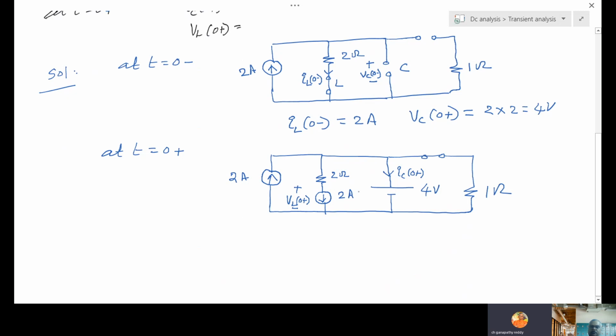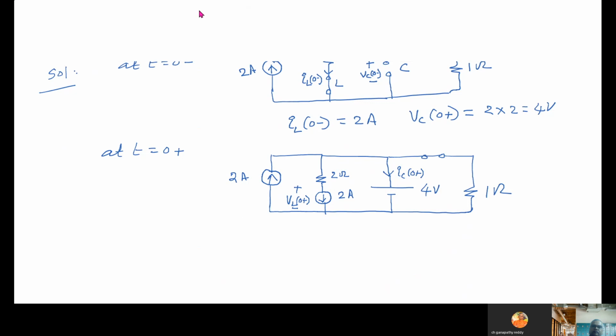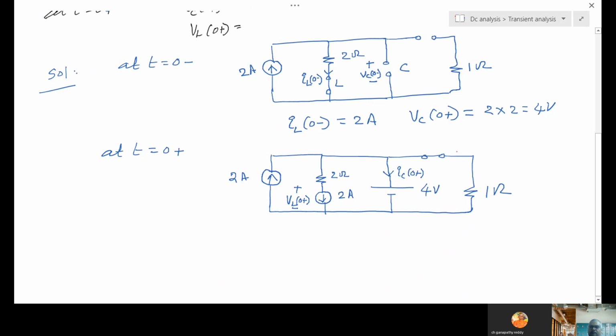But here it is asking voltage, here it is asking current. So if this is 4, what is the voltage across the 1 ohm? Also 4 volts. Voltage here is 4, so 4 by 1. This current is 4/1, 4 amps.